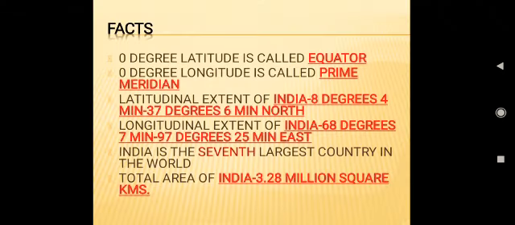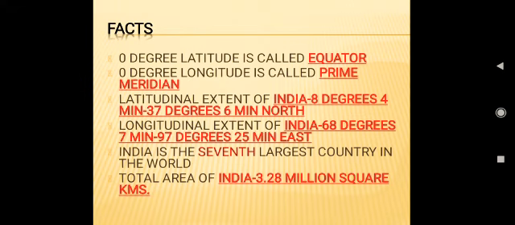So children, in the end, let's recapitulate the facts that you have learned today. You have learnt that 0 degree latitude is called the equator, 0 degree longitude is called the prime meridian, the latitudinal extent of India is 8 degrees 4 minutes to 37 degrees 6 minutes north.